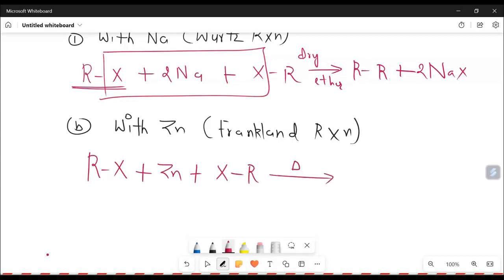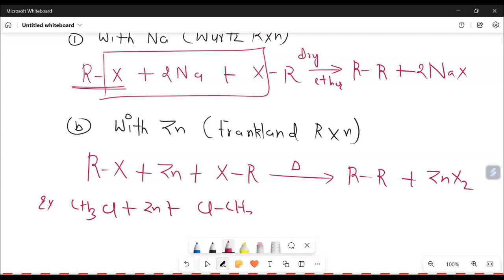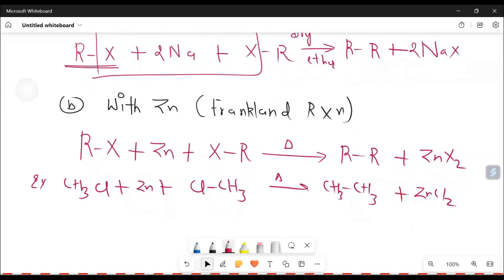When you heat it up, it will form RR alkane plus ZnX2. If you want, you can write down the example also regarding that. CH3Cl plus Zn plus ClCH3, which is the same. It will give CH3CH3 plus ZnCl2. So this is the second reaction, which is known as Franklin reaction.